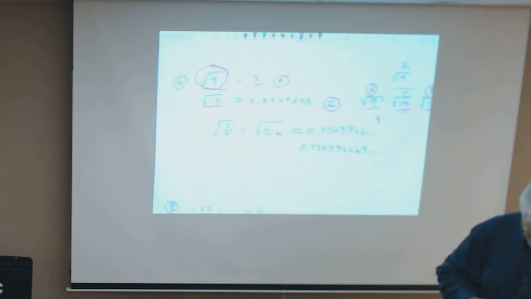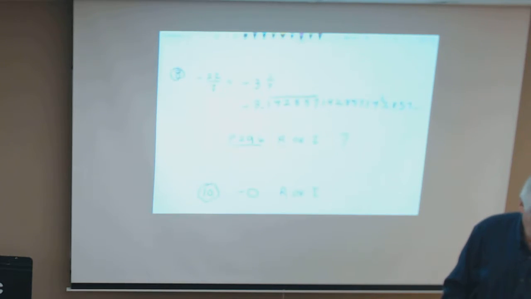Number 8. Does number 8 say negative 22 over 7? Is that the same as negative 3 and 1/7? So I take 1 and divide it by 7, and I get this big old long number here, if I have a calculator that goes that far, and do you see a pattern?